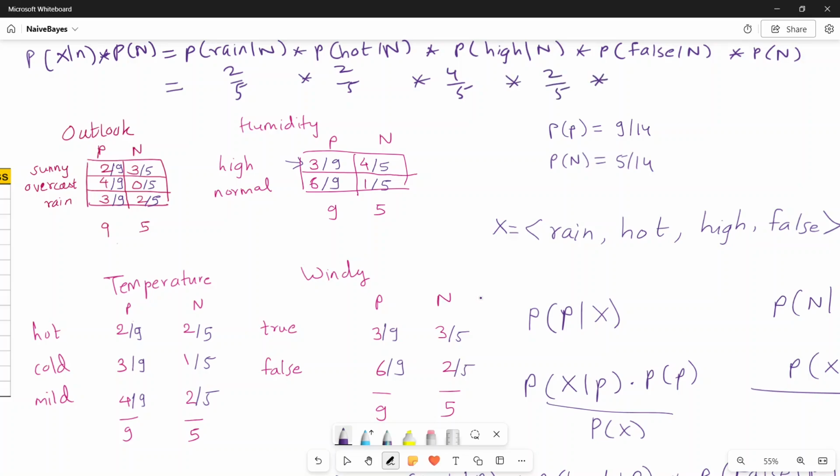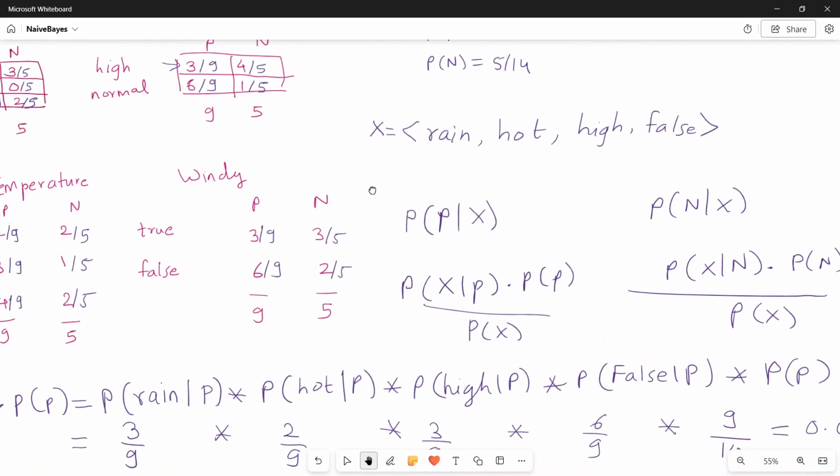And all of this is multiplied by 5 out of 14, which is the probability of n. If you calculate, this comes out to be 0.0182.